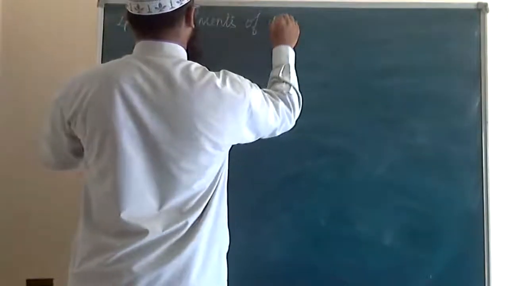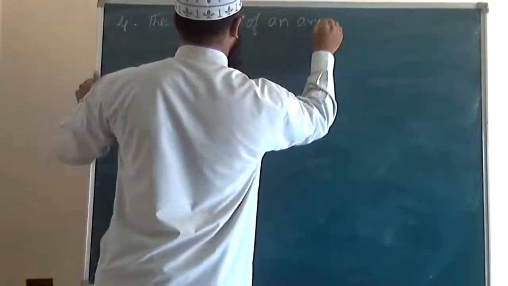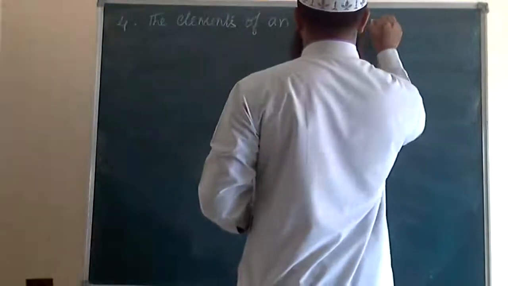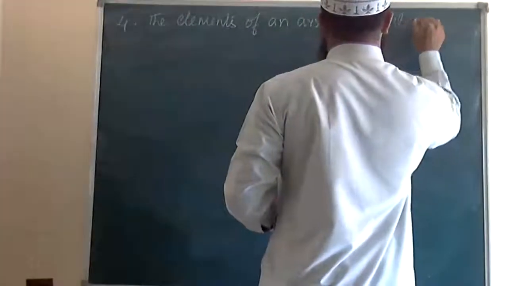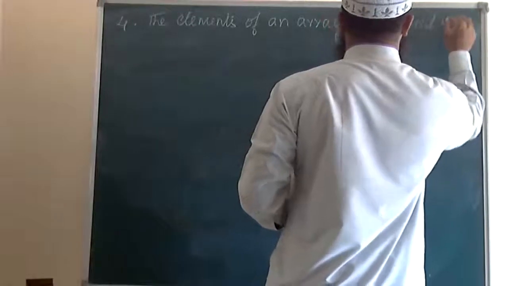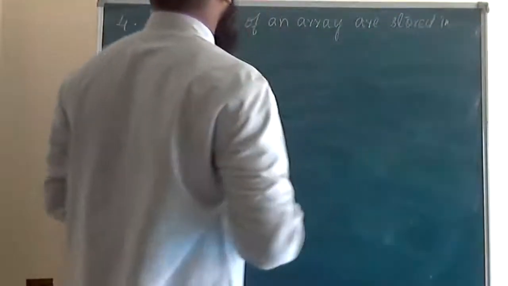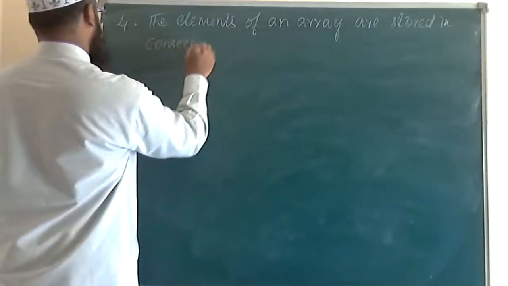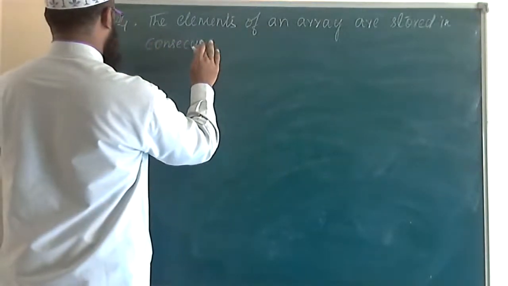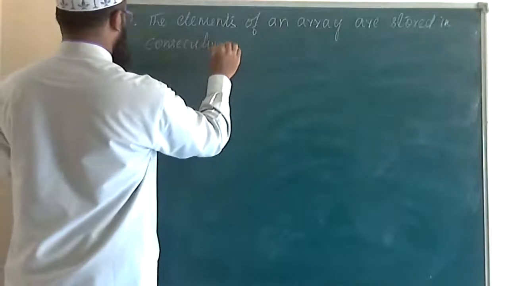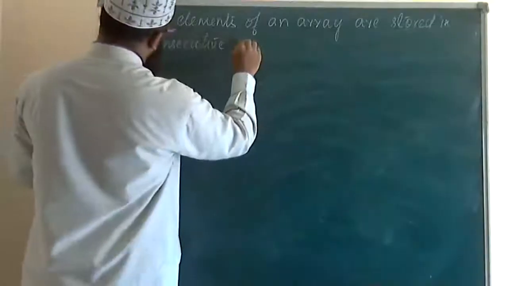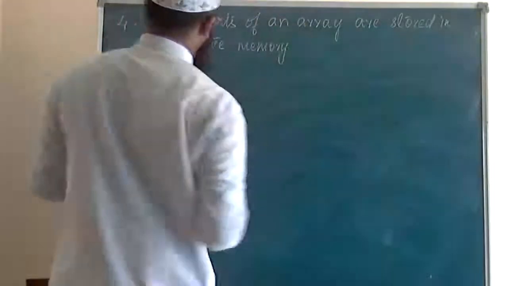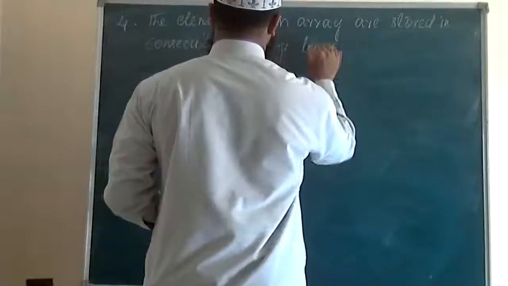The elements of an array are stored in consecutive memory locations.